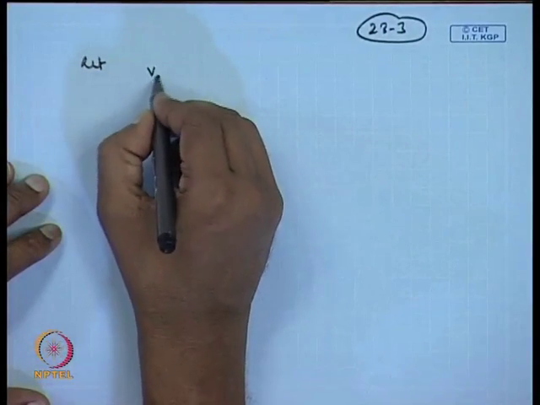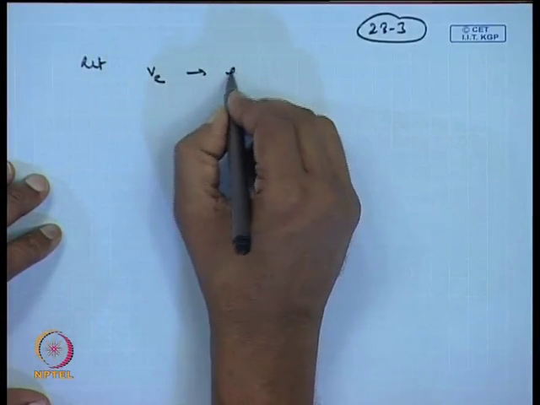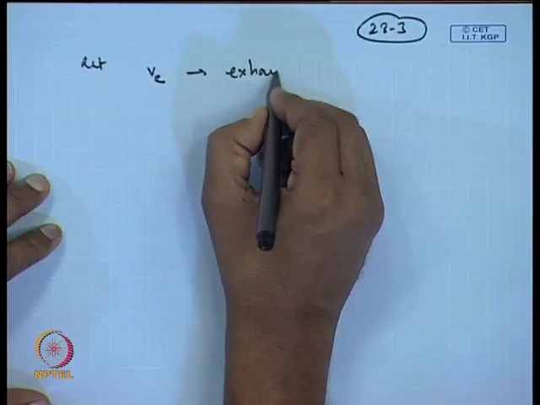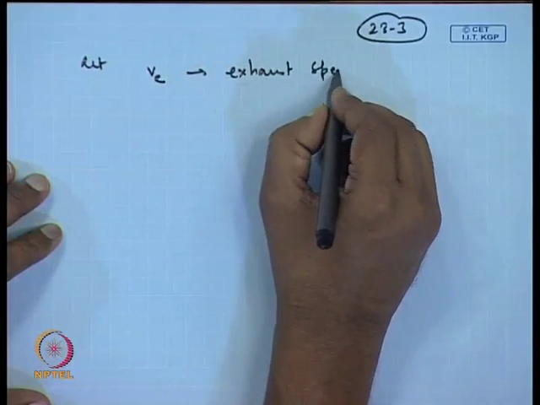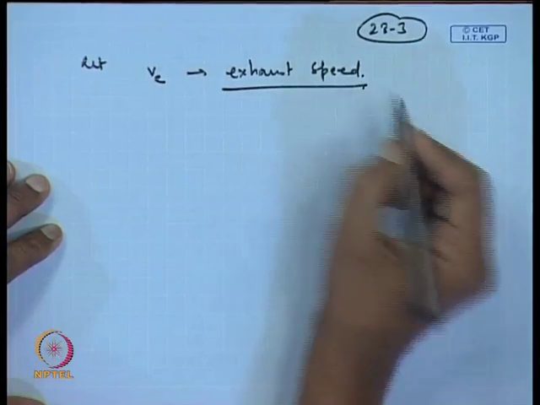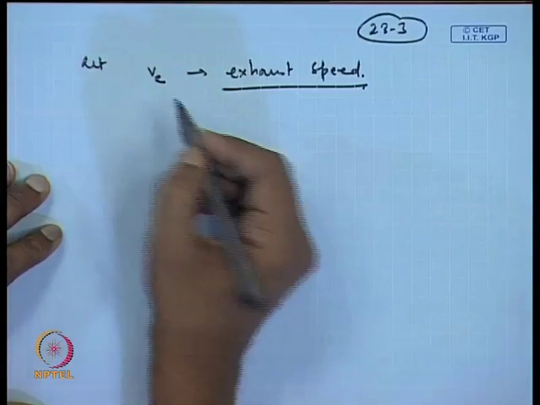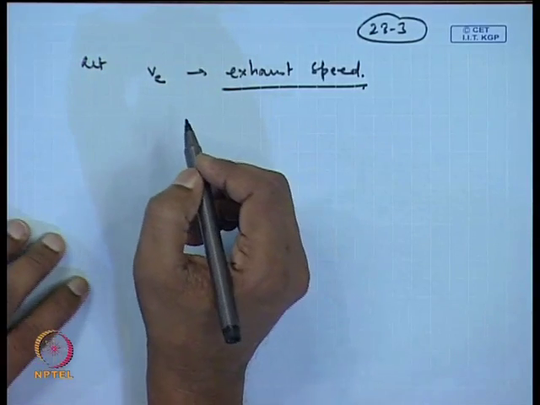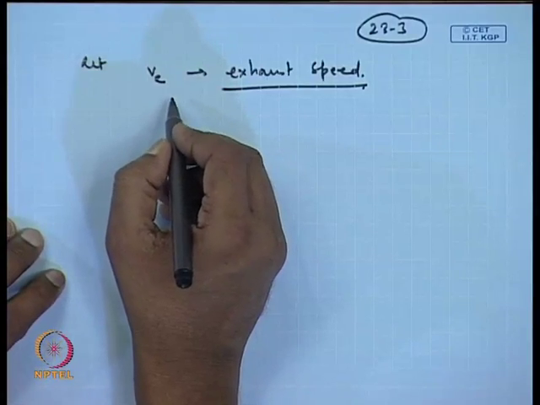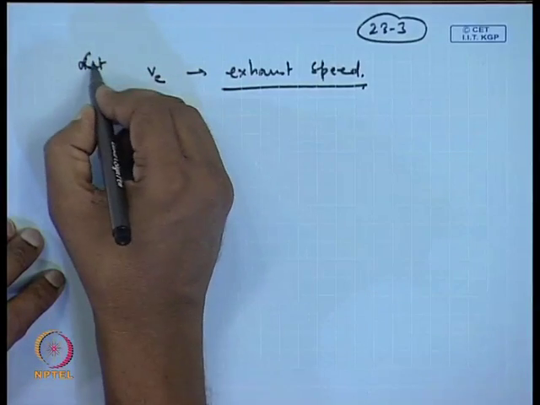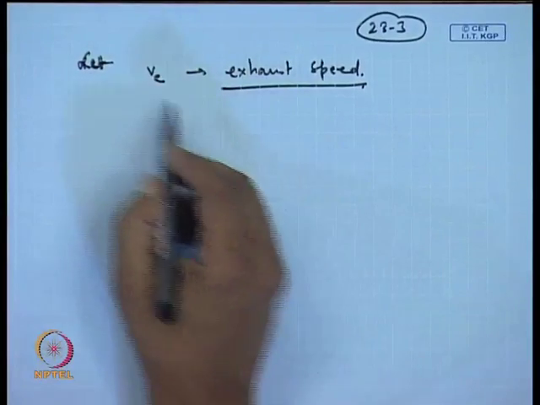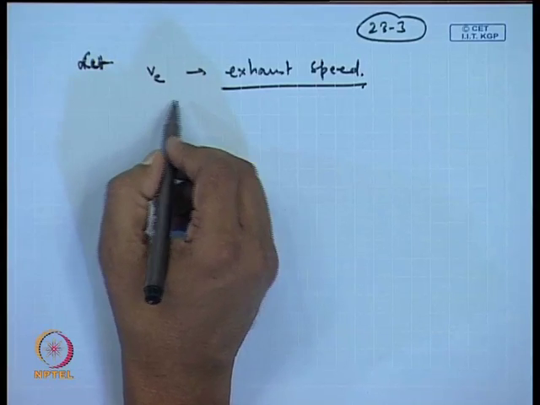And let V be the exhaust speed. This is the speed at which the propellants are being thrown out. So, propellants are burnt and then they are thrown out at this speed. So, this is our V.